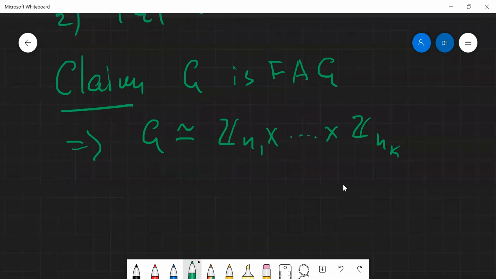I'm not going to prove this because we don't have the required technique. And actually, even if I start proving this, probably it will be a waste of time because the proof doesn't contain any interesting ideas.